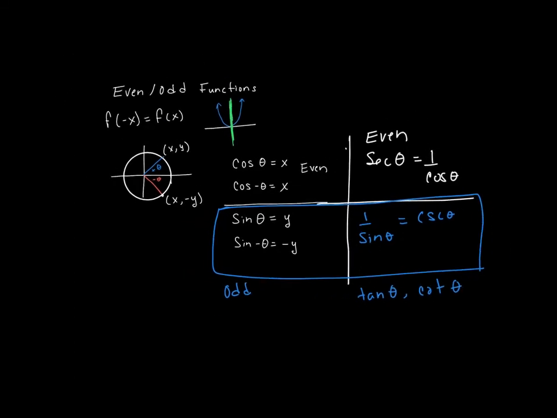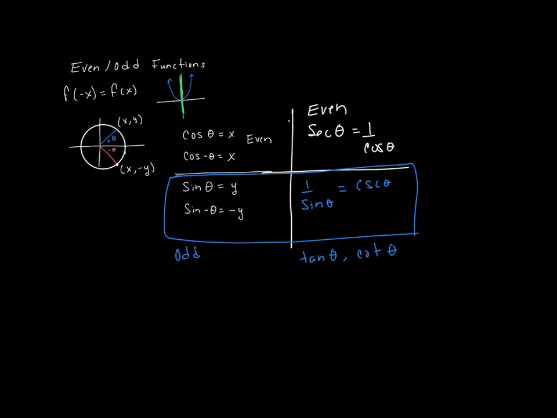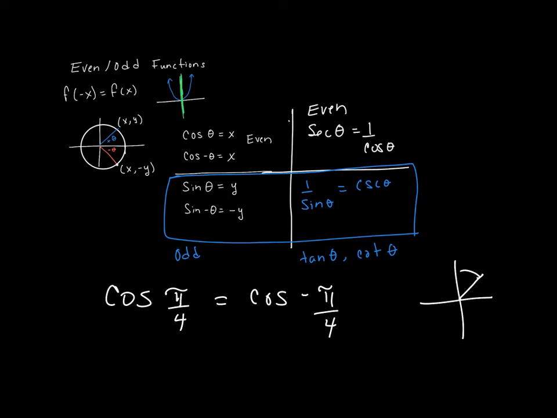Now, how do I use this? Well, what that means is that the cosine of pi over 4 is the same thing as the cosine of negative pi over 4. And where is that on the unit circle? That's the one right here in the middle.